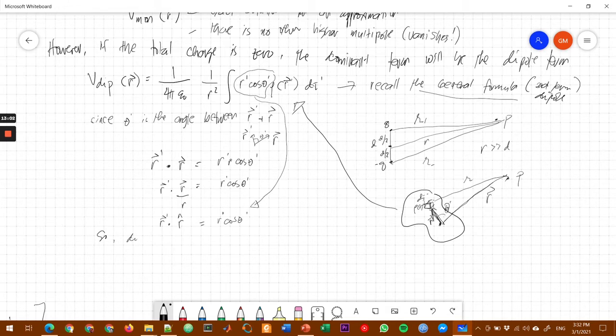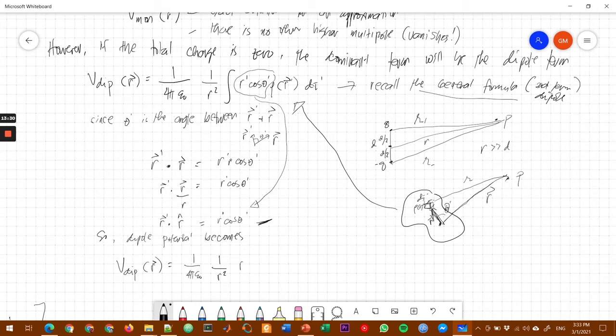Okay, so the dipole potential becomes 1 over 4 pi epsilon naught, 1 over r squared. So you substitute this into your integral, right?